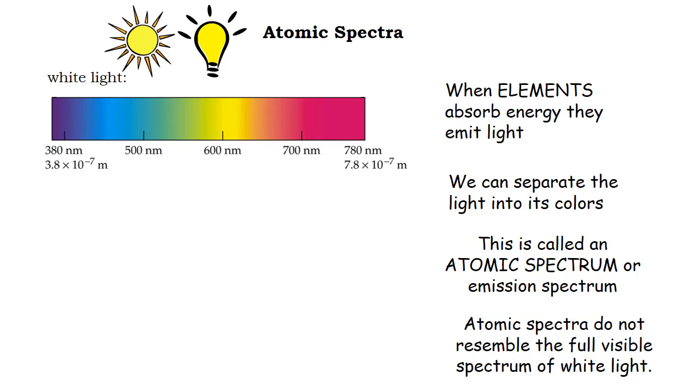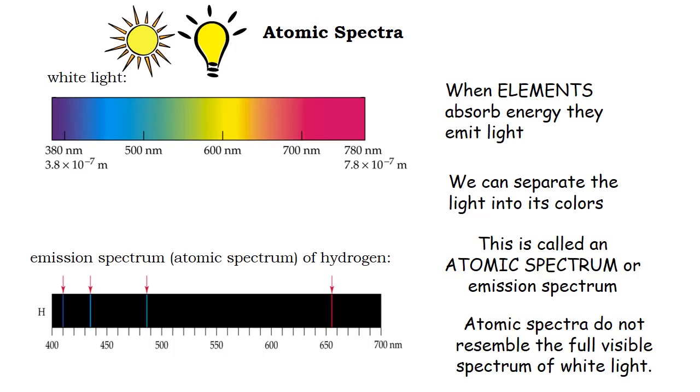Now atomic spectra don't appear like this, though. Atomic spectra appear in lines. And so this is an emission spectrum or an atomic spectrum. We also sometimes call this a line spectrum because all you see are very discrete lines of certain colors. A given element, for example, this is the atomic spectrum of hydrogen. It'll always look like this.